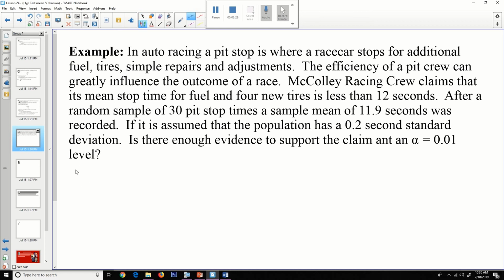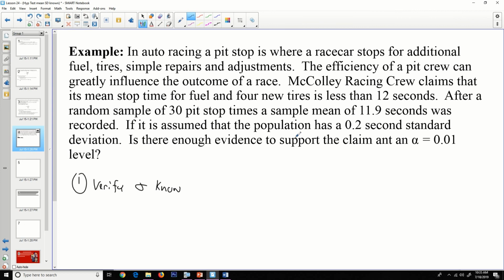So first thing, let's go through those. First thing we must verify is that sigma is known.